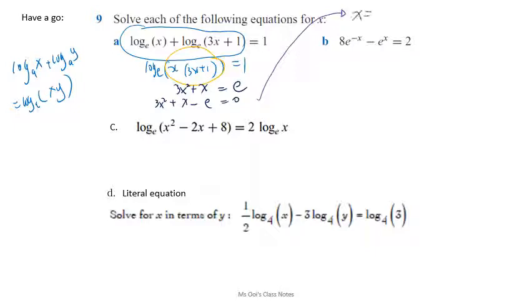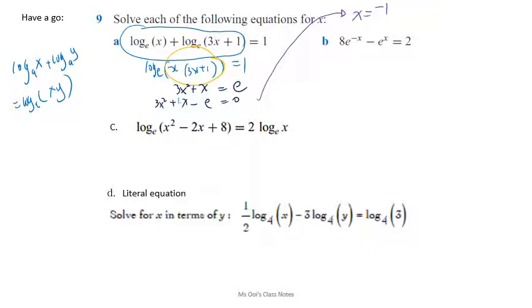So x equal to negative b, which is the coefficient of x, which is 1. Okay, there's a hidden 1 here, which we normally don't write, we just write x.